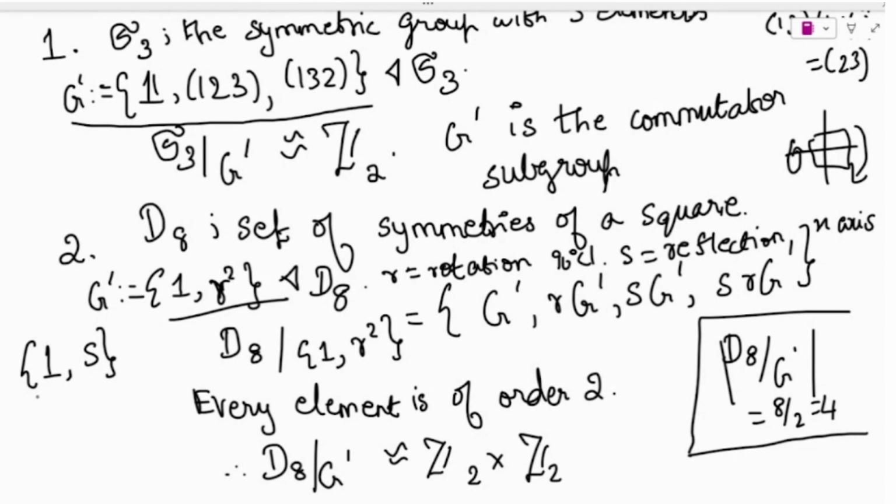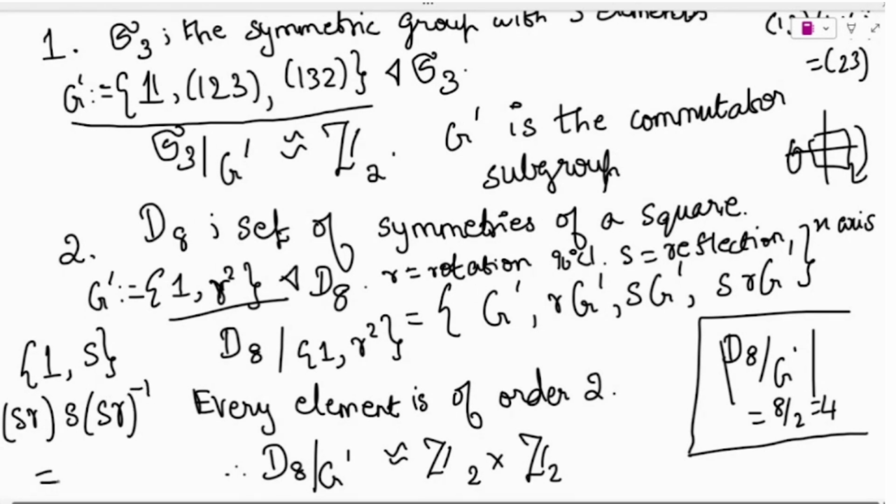Why is this not normal? You can find a counter example. One counter example is that you take g equal to SR and compute g S g inverse. I'm not sure if you are comfortable with the notation, maybe use a different notation, but with this we'll go on. First let me evaluate this.